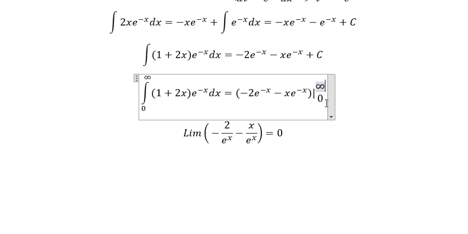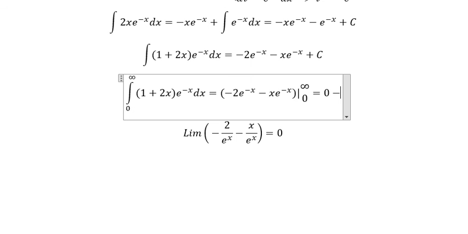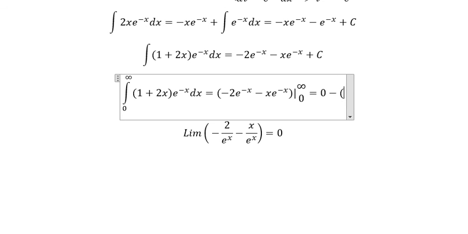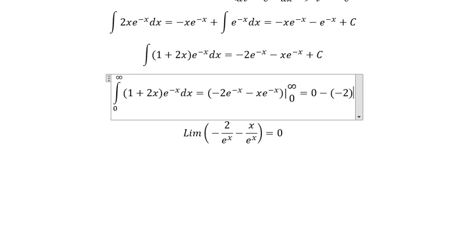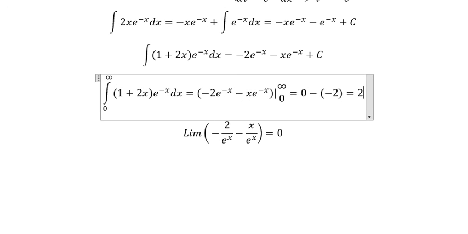And so the top one, you will get 0 in here. Minus, you put the 0 in here, and you will get negative 2. This one, you get 0, so you don't need to write. And the answer for the question in here is number 2.